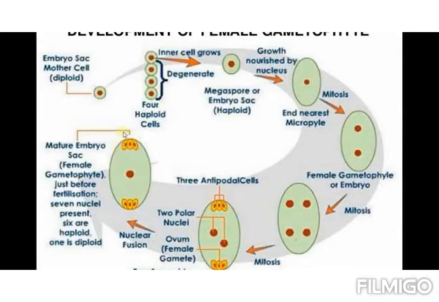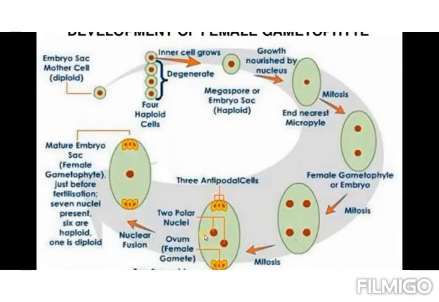So this is the mature embryo sac, which is also called the female gametophyte, which is having eight nuclei. Here you can see both the polar nuclei get fused and form the diploid nucleus. But before there were 8 nuclei.